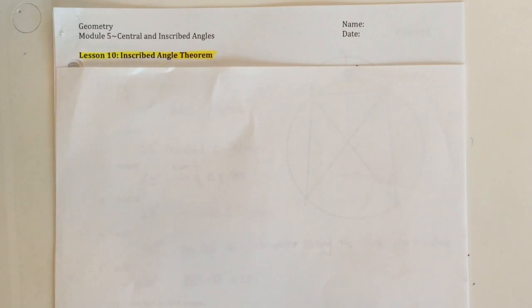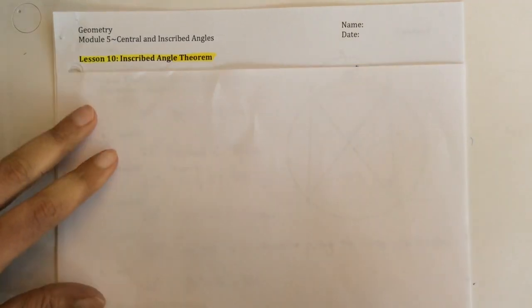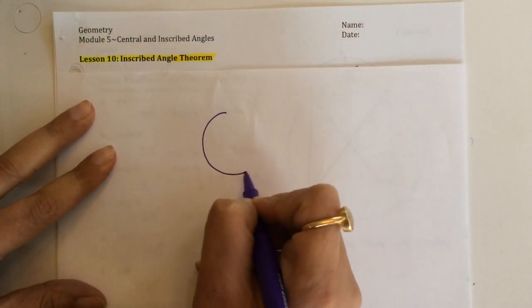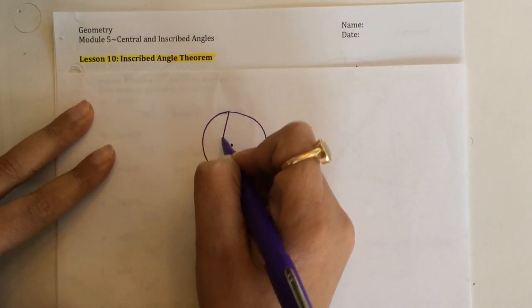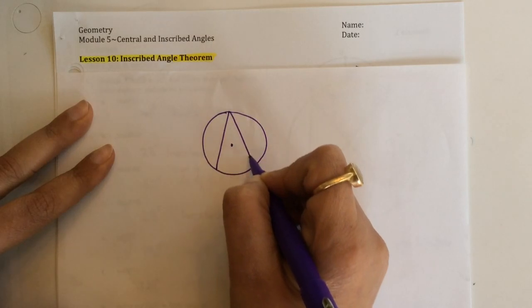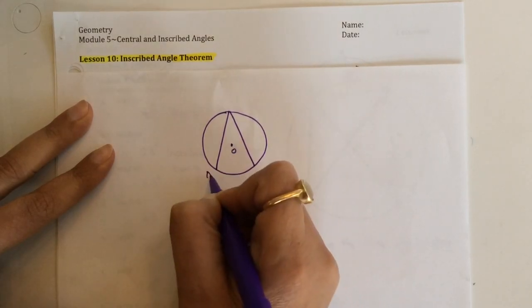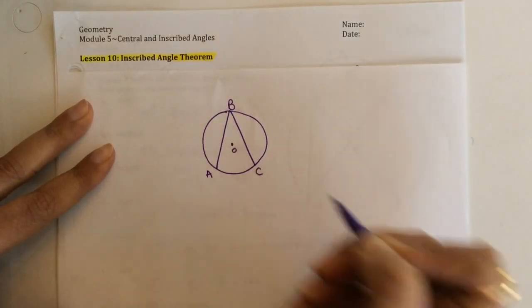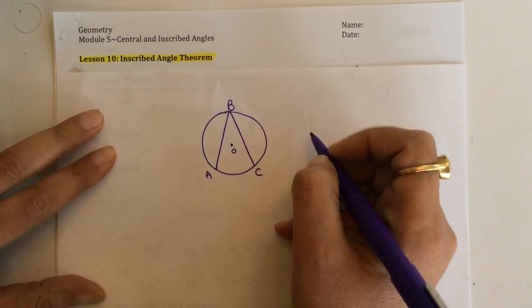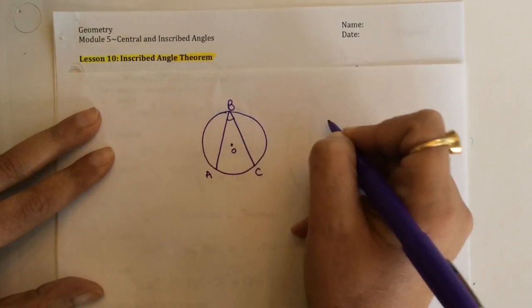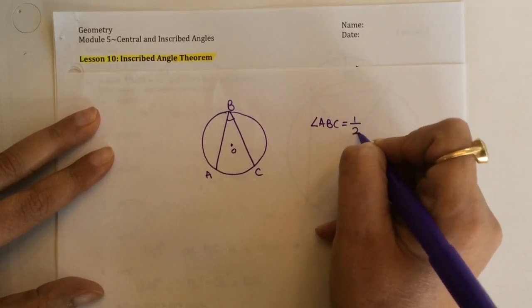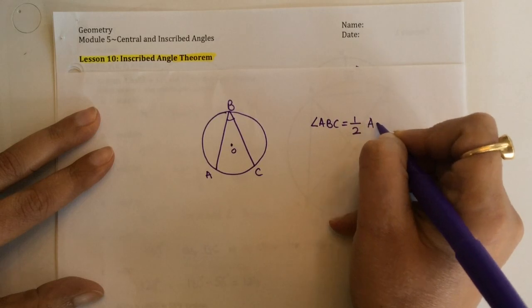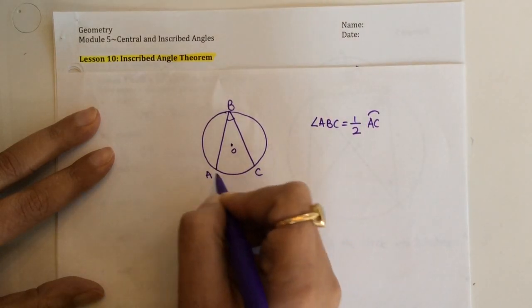The inscribed angle theorem says that if I have a circle and there is an inscribed angle in my circle, then angle B, so angle ABC, is going to be 1/2 the measure of the arc AC, of this arc AC.